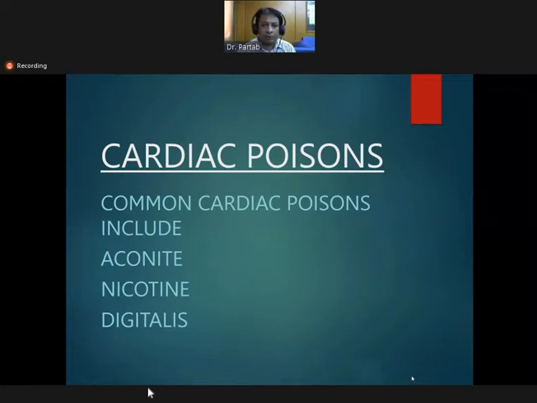Commonly we use nicotine in cigarettes and betel leaves, and there is no toxic effect. But when the dose is crossed, you see the toxic signs and symptoms on the human body, and even death occurs. These are the toxic effects on the heart muscles and smooth muscles also.